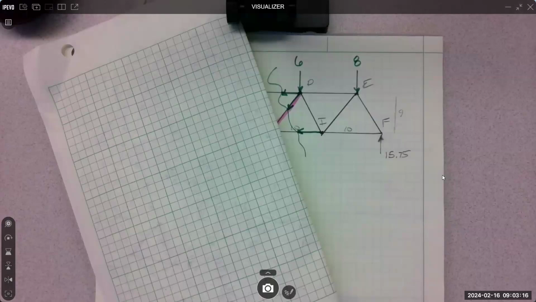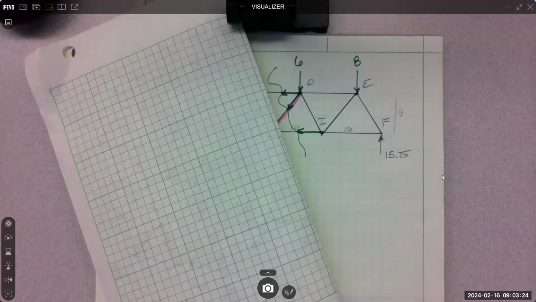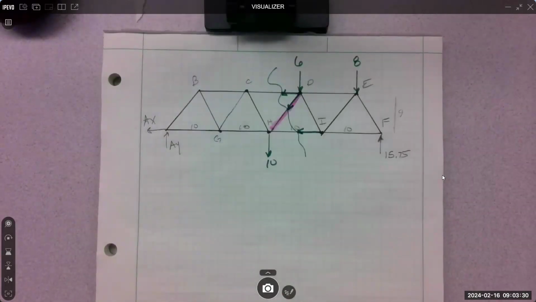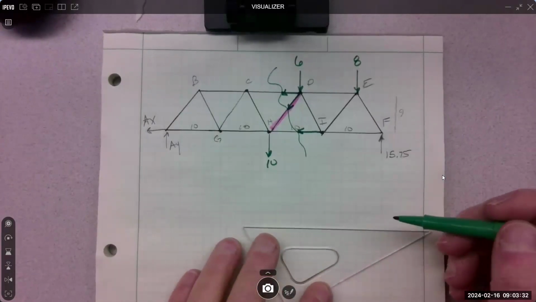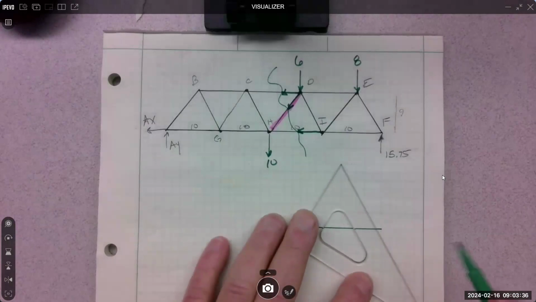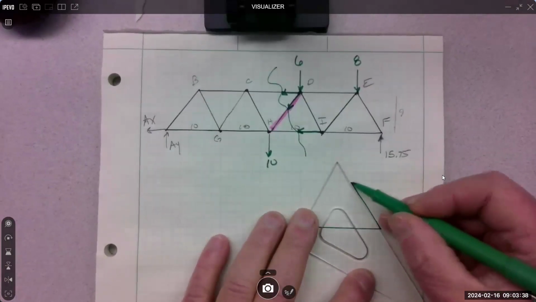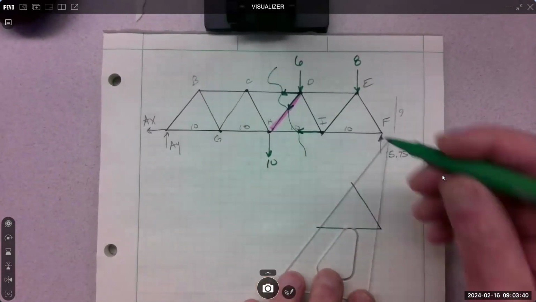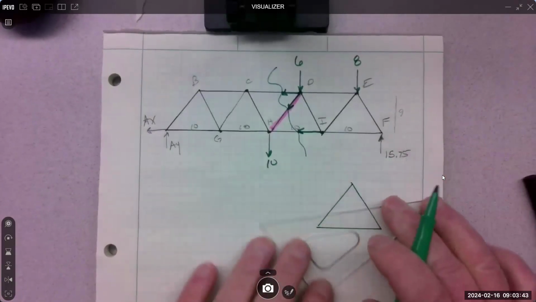We just assume them all in tension because it's normally too complicated to try and figure out which ones are compression and which ones are tension. So sometimes you redraw the truss. For educational purposes, I'll redraw the section that I'm going to use. It's this section, right?